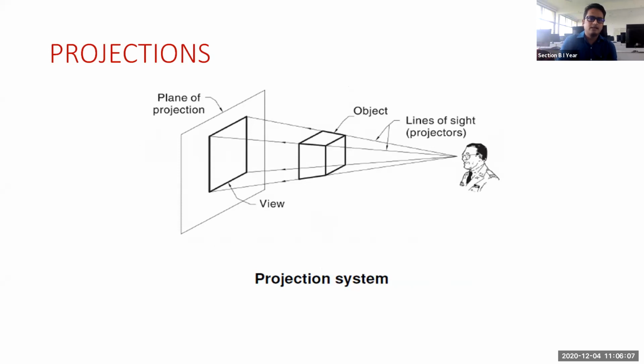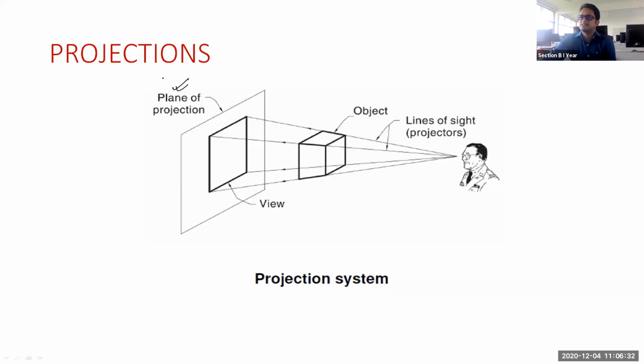This we have seen in the last class: what is projection? It is nothing but we have an object over here. Let me adjust the camera. So this was your plane of projection.